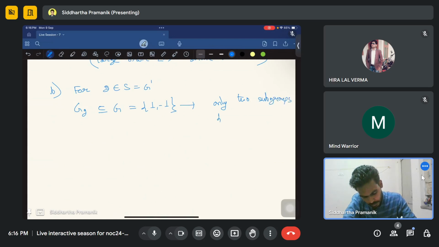One is the trivial subgroup and one is the whole group. So this stabilizer has only two possibilities. So in which case it is a singleton set, and in which case it is the whole group.